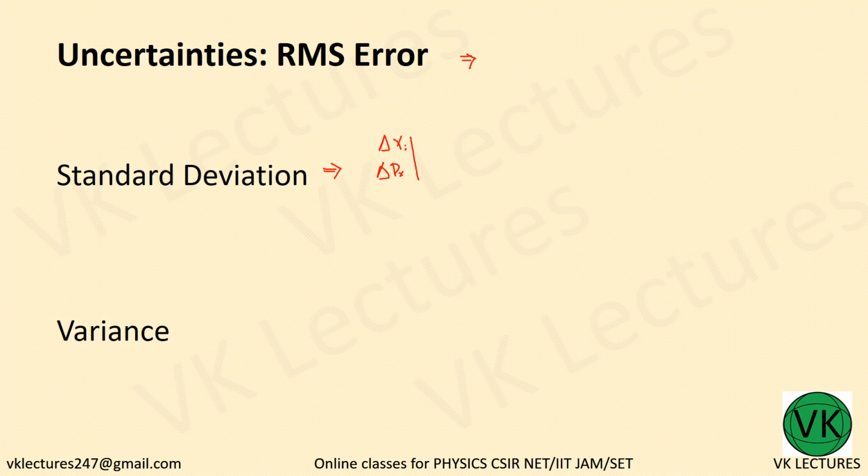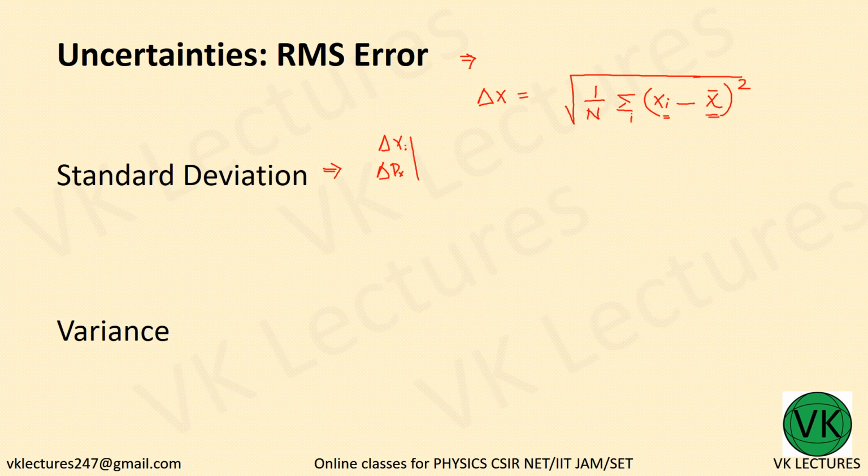Similarly, in any quantity, the uncertainty delta x is given by under root 1 divided by n, sum over i, xi minus x bar whole square, where xi is one of the values that you have got, random values.